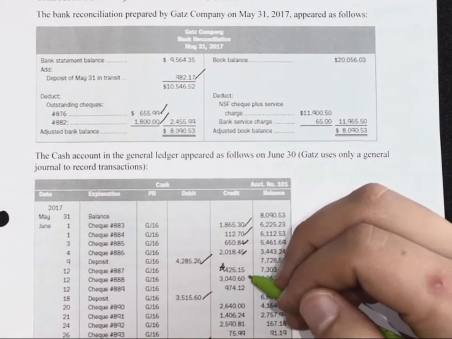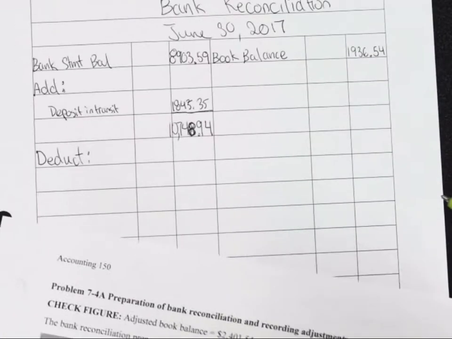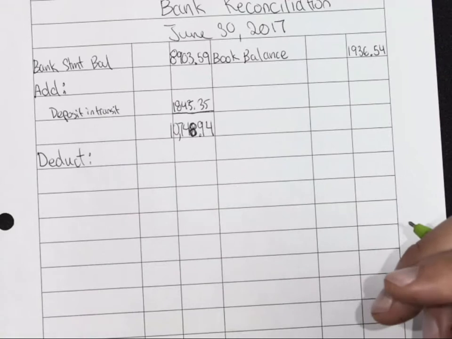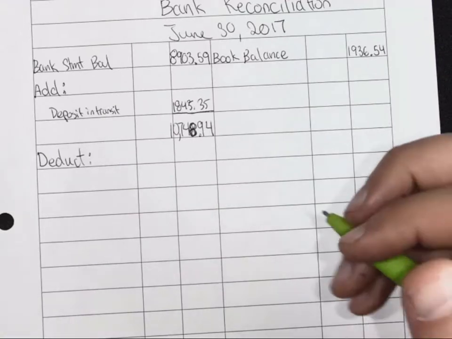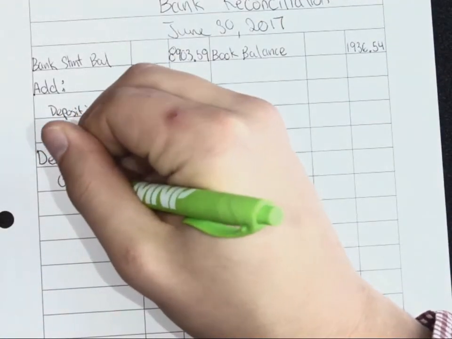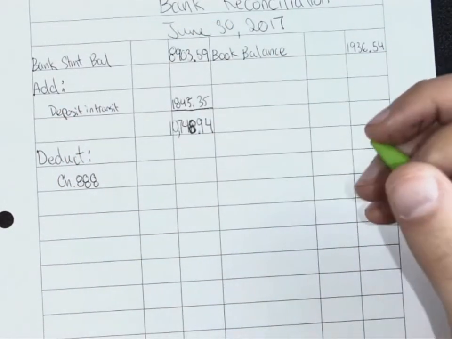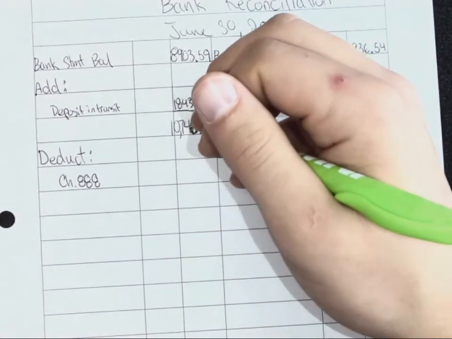So check 888 for $3,040. Has that cleared? Okay. We'll come back to that error in a little bit when we get to the other side.